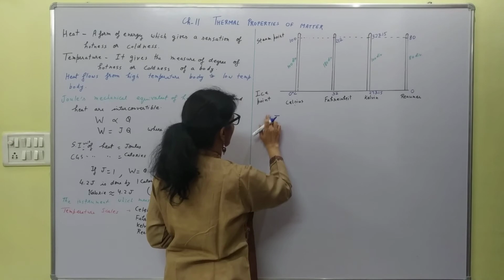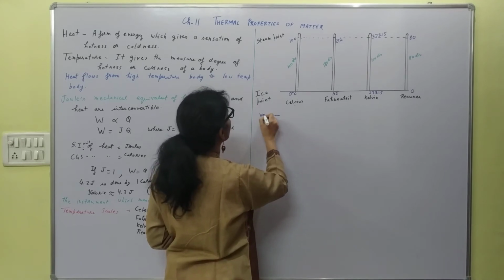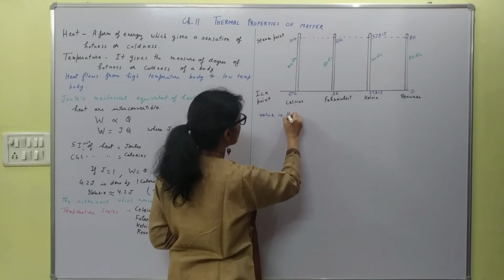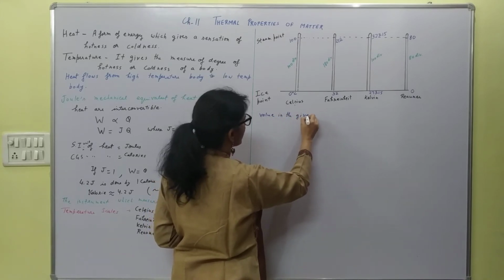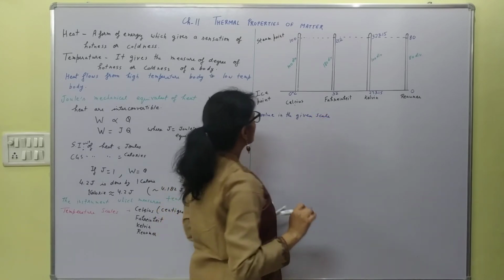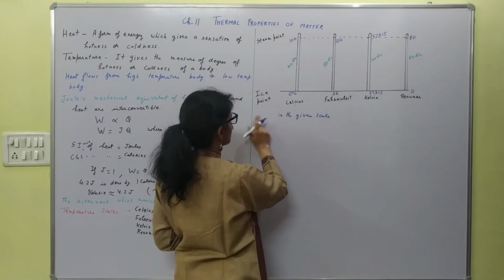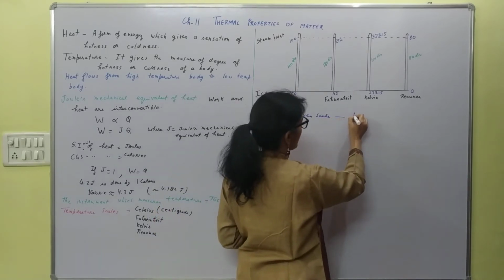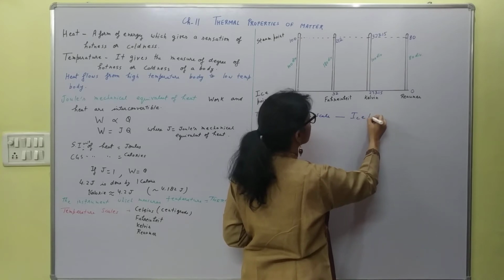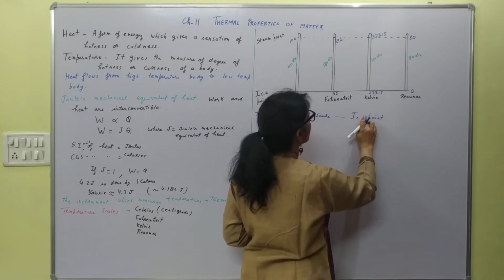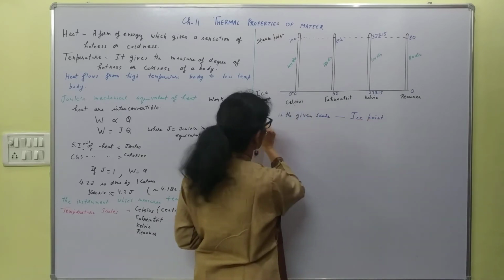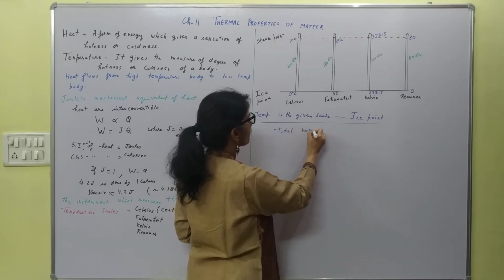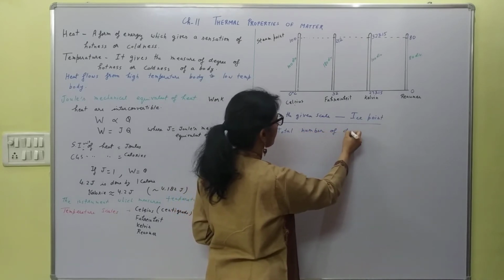I'll just write the general formula first. Value in the given scale, or you can say temperature in the given scale, minus ice point, upon total number of divisions.